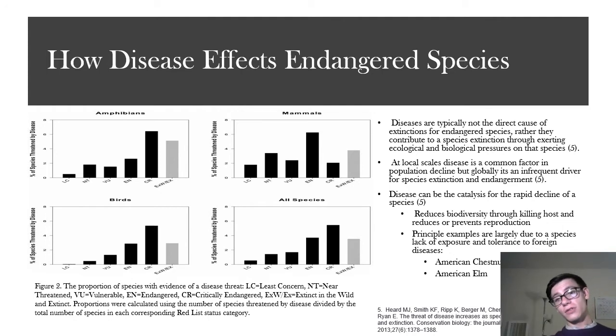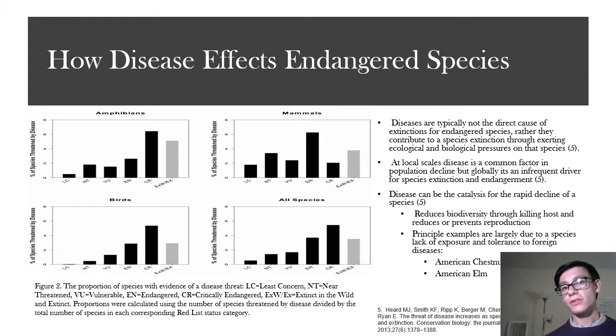So what about species in general, in terms of how disease affects them? This figure right here shows species stretching across different types of animals that are being affected by disease. Each category is one that we currently list species under, which is least concern, near threatened, vulnerable, endangered, critically endangered, and then finally extinct in the wild, and then extinct.